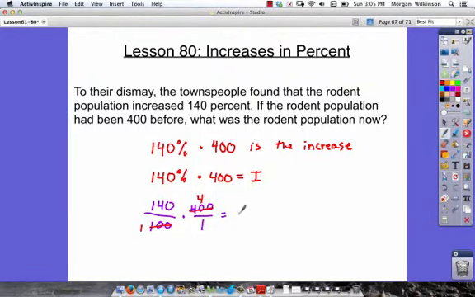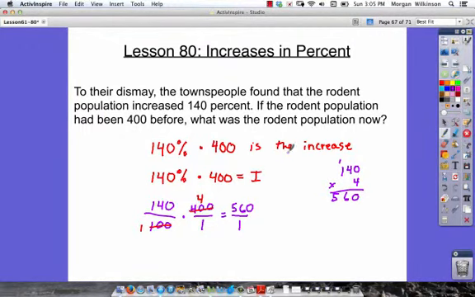And now we can go ahead and figure out our math. Our denominator must be 1, and our numerator is 4 times 140. Well, 4 times 0, that's 0. 4 times 4, that's 16, and we'll carry our 1. 4 times 1 is 4, plus 1 more is 5. So we get 560. So 560 is I.